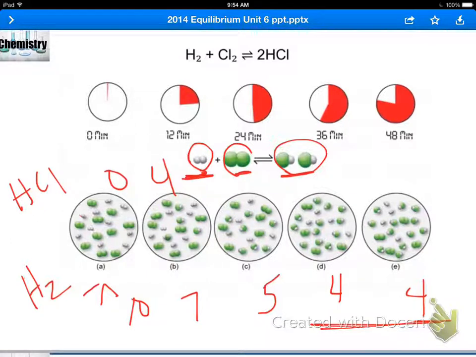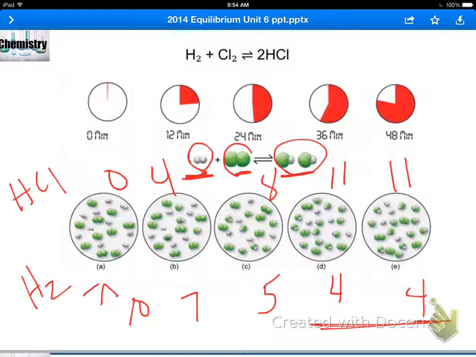Here I have 8 HCl. Here I have about 11. And here, I still have 11.